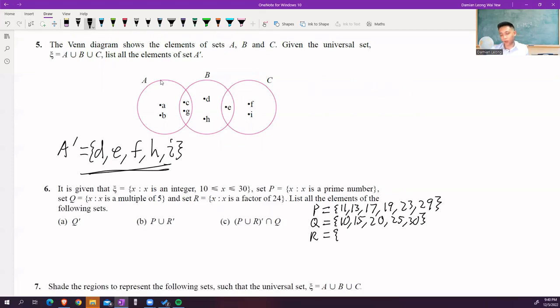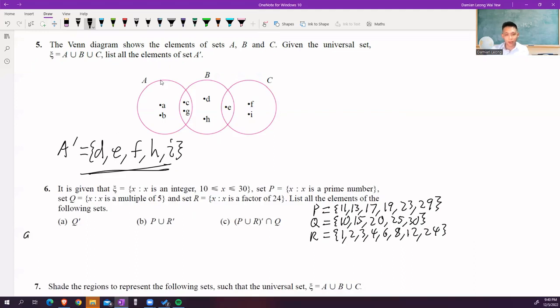Set R is factors of 24. 1 times 24, 2 times 12, 3 times 8, 4 times 6.